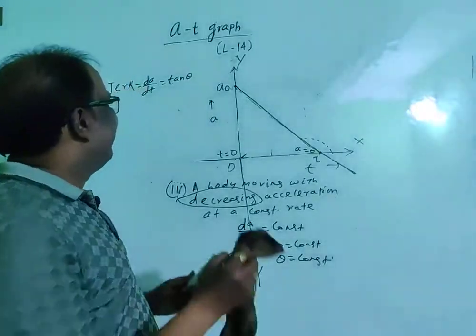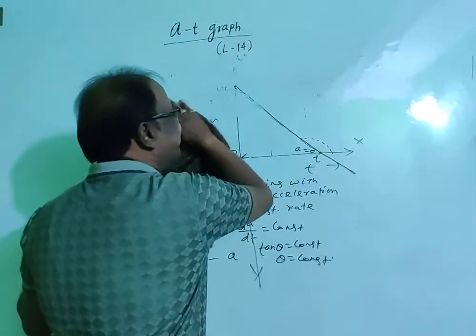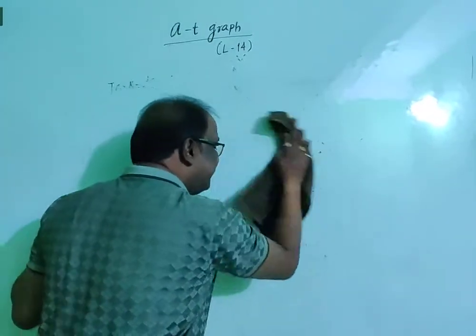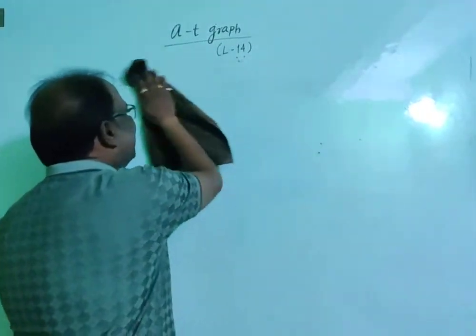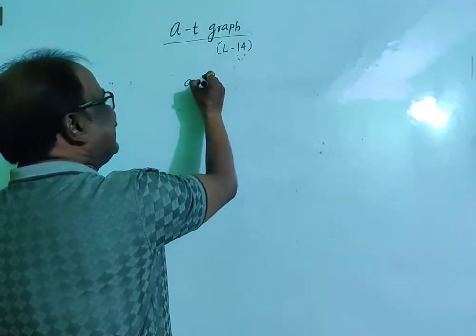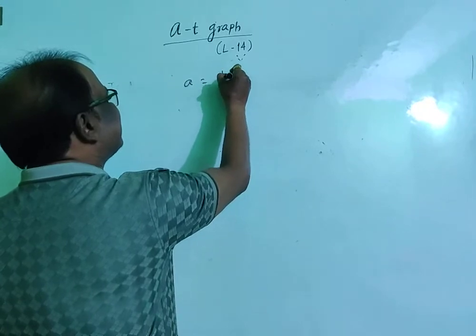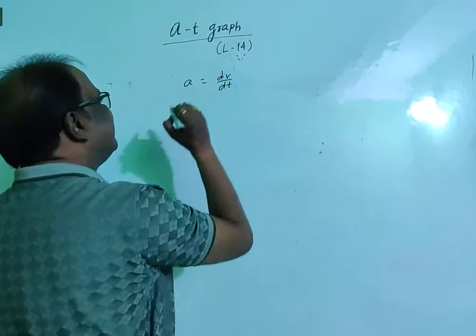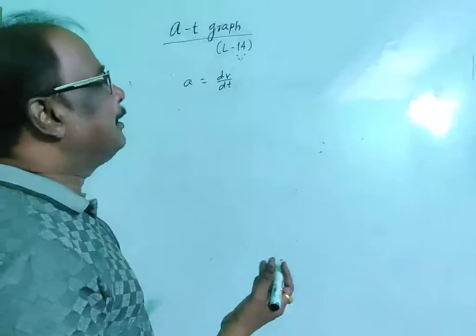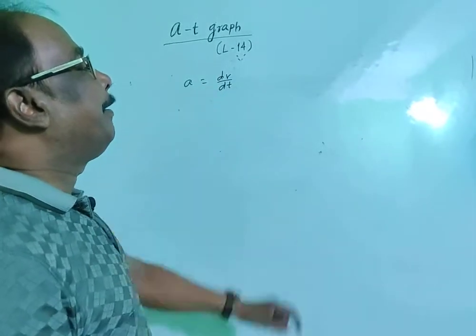Fine. Then some numericals, fundamental numericals on acceleration. But before doing numericals, let's see. We know acceleration is dV by dt.